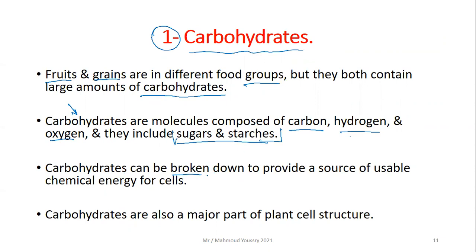Carbohydrates can be broken down to provide a source of usable chemical energy for your cells. Yes, this is in the process of cellular respiration, for example. Carbohydrates are also a major part of plant cell structure. This is what we will find out at the end of the carbohydrates part.